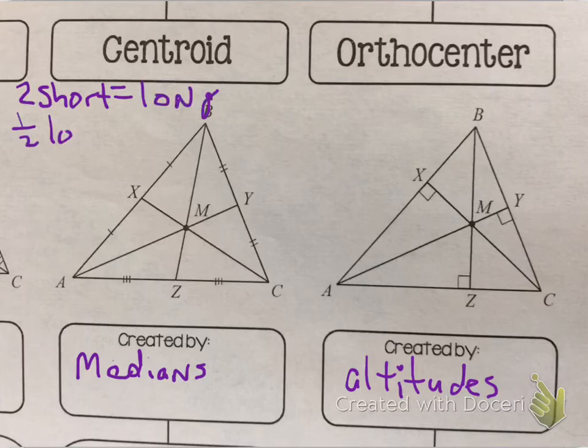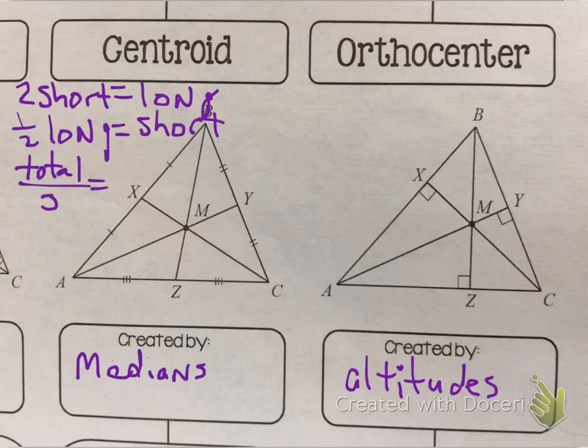Half the long is equal to the short, and the total divided by 3 is equal to the short. So I could use something like that. You just need to be able to recognize it and go from there.